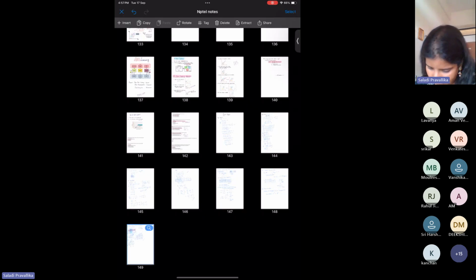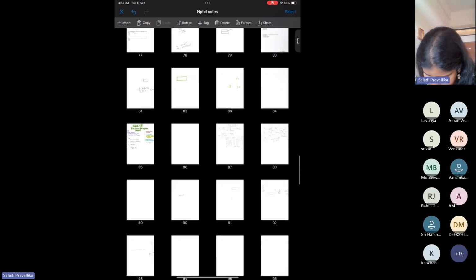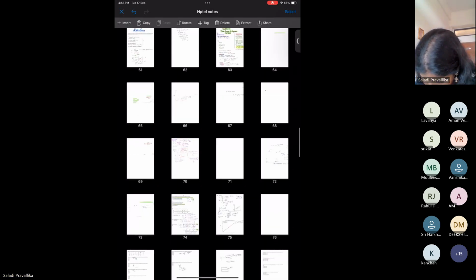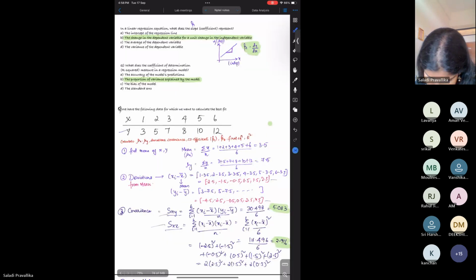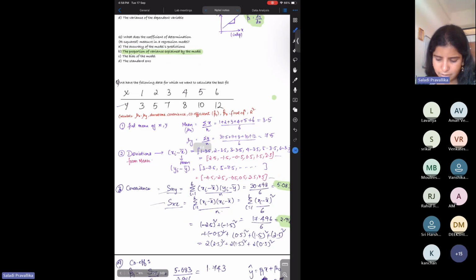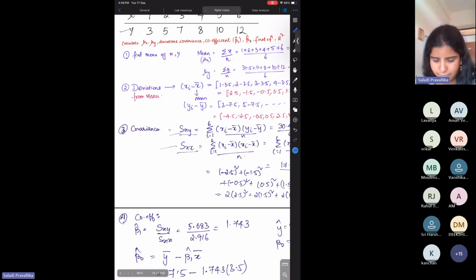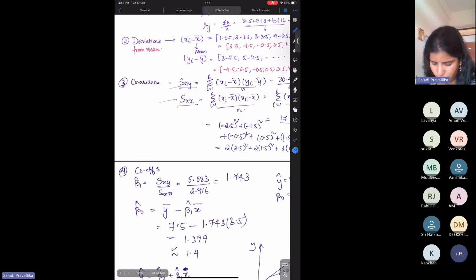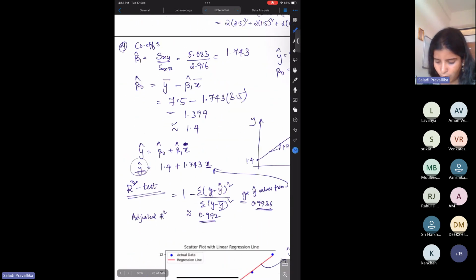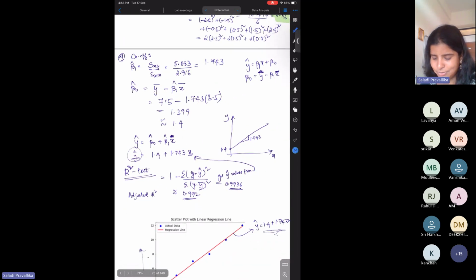We took data like this, x and y, and then we found the mean, the deviation, the covariance, and R square. We put all the values there and finally got the answer. This is how you do it. You remember the formulas and do it by yourself.